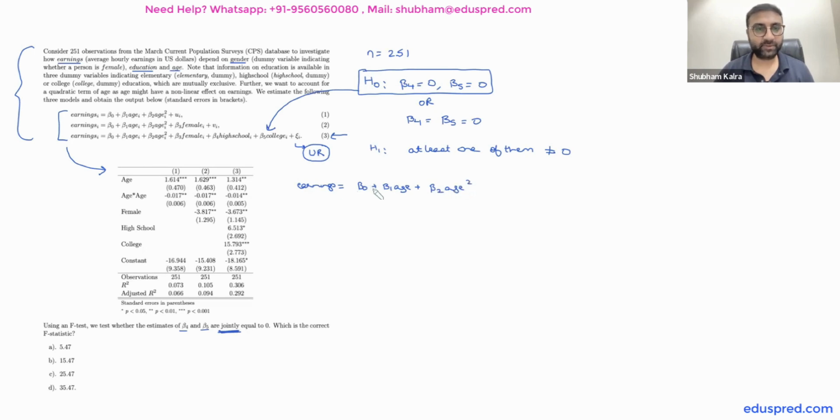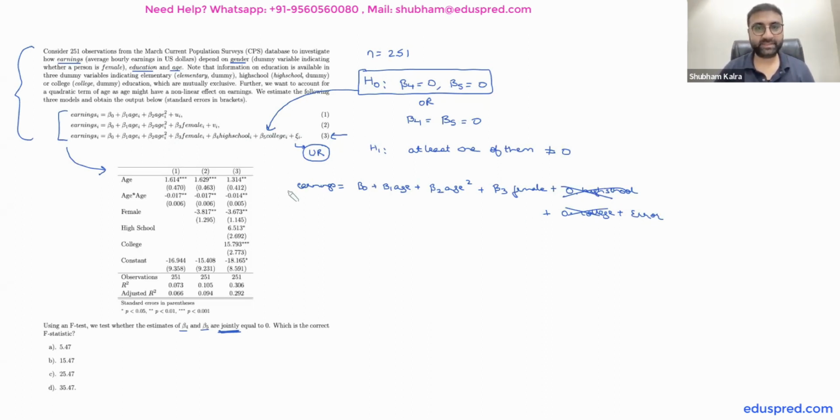So earnings is equal to beta 0 plus beta 1 age plus beta 2 age square plus beta 3 female plus, instead of beta 4, I have to put 0, so plus 0 times high school, and instead of beta 5 also I have to put 0, so 0 times college plus the error term. So this goes away and this goes away, and you are just left with what we have in model number 2.